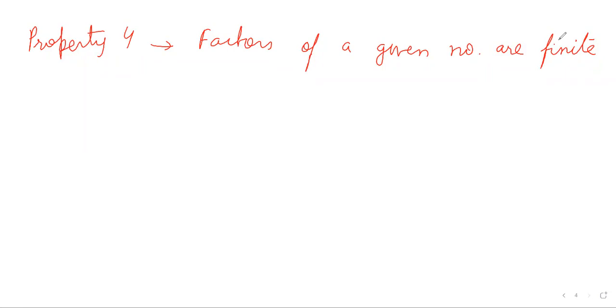Finite means they are limited. So factors are always limited. If I talk about the factors of 6, they are 1, 2, 3, 6. So there are 4 factors. Everything is limited when I talk about factors. So let's proceed to the next property.